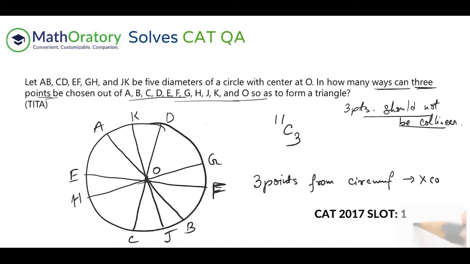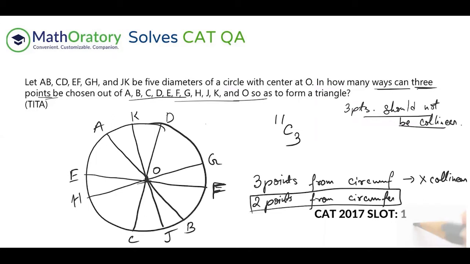So not collinear. So this should be understood, right? If I choose 2 points from the circumference, the third point has to be the center, right? In these cases, there might be certain collinearity.